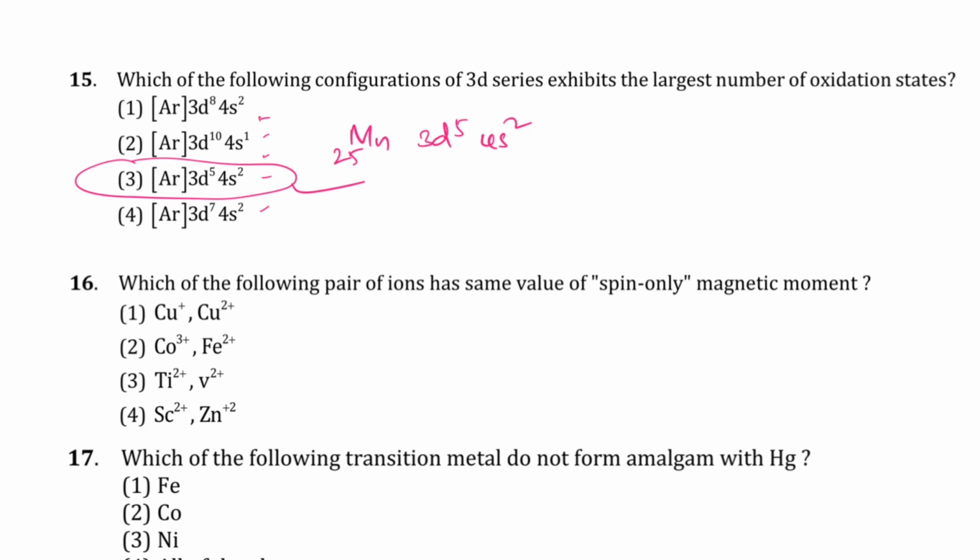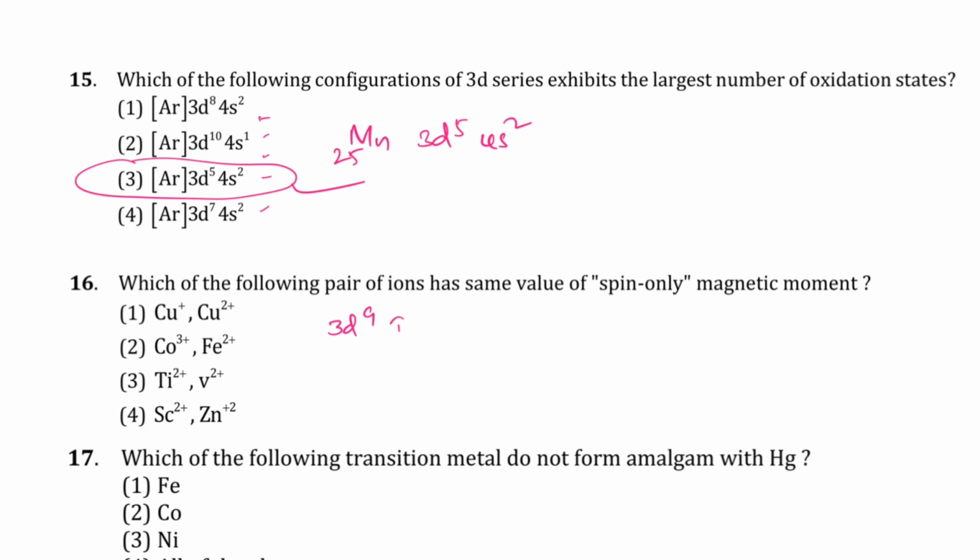Then 16. Which of the following pairs of ions has the same value of spin-only magnetic moment? First of all, copper. In the previous question I gave that this is 3d9, which means one unpaired electron.